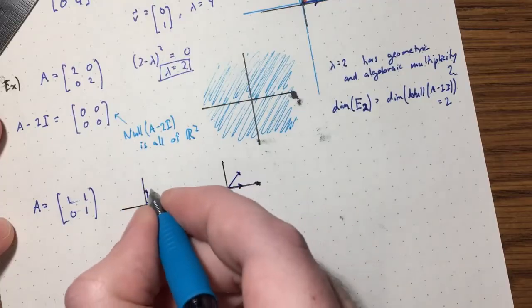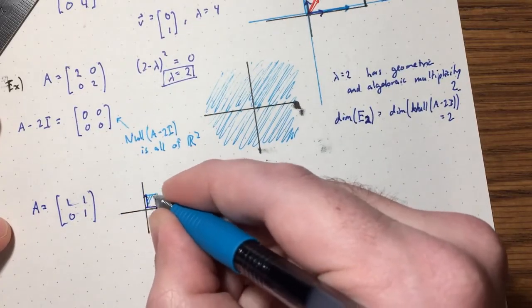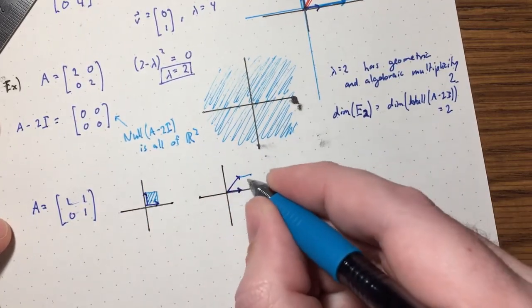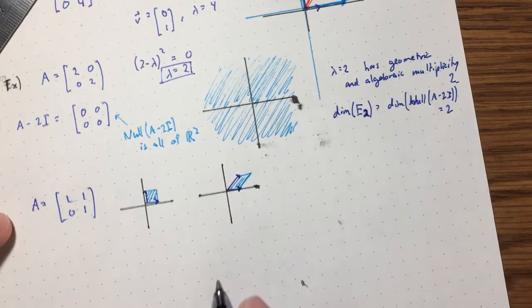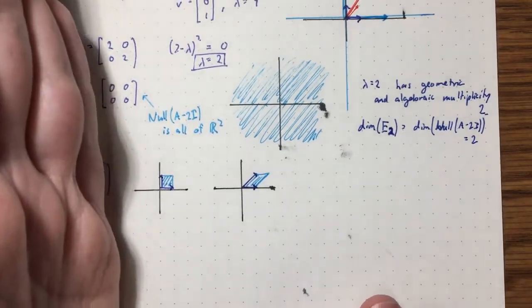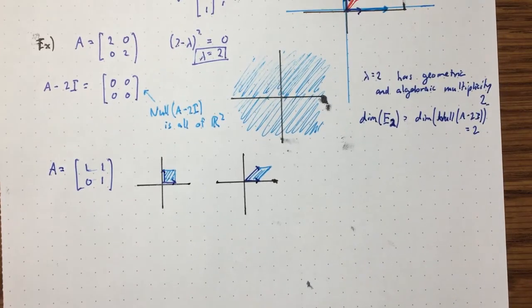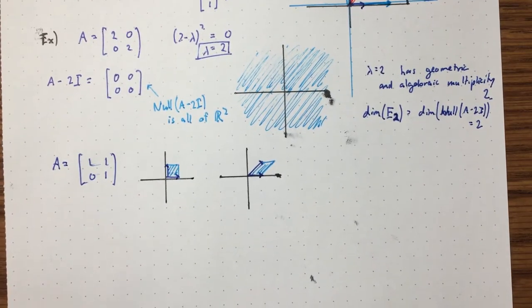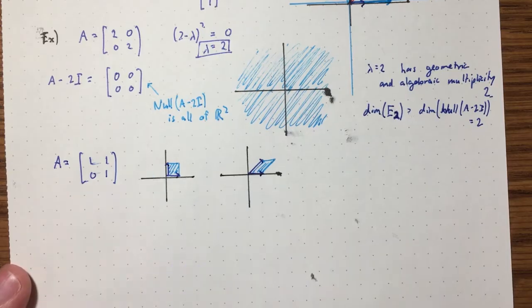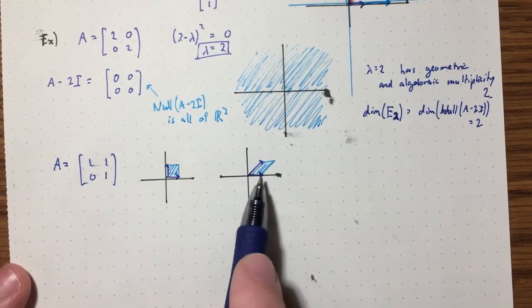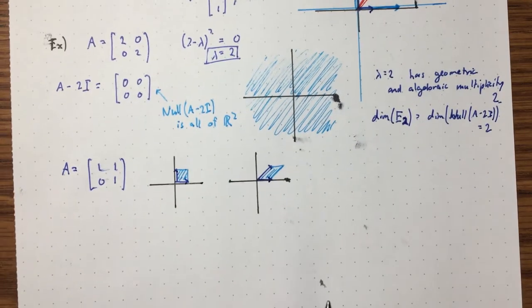So it sort of tilts everything that way to the right. But one eigenvector is pretty obvious: 1, 0 just gets sent to itself. So that's definitely an eigenvector.